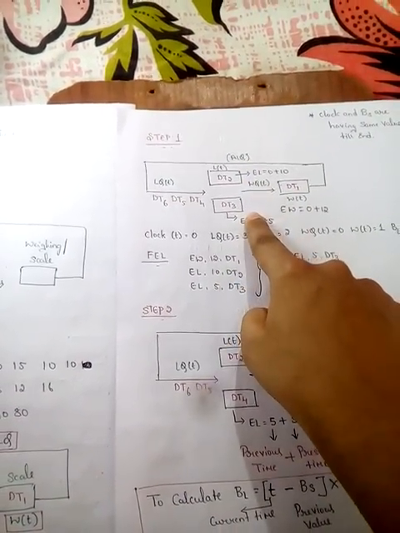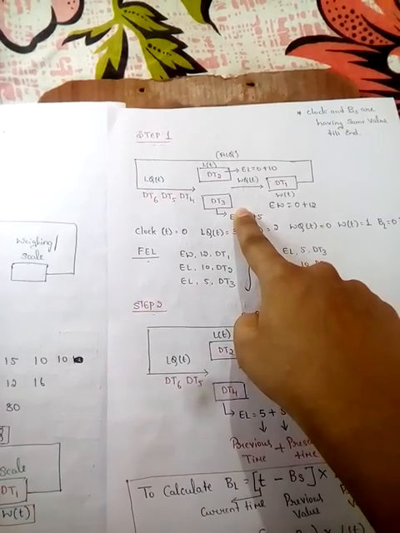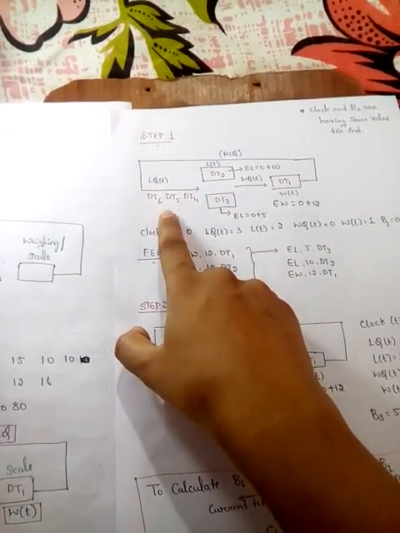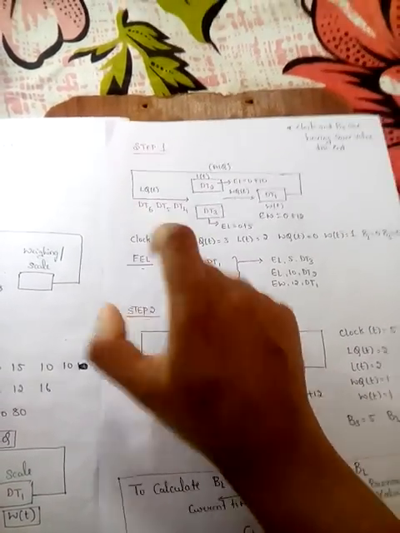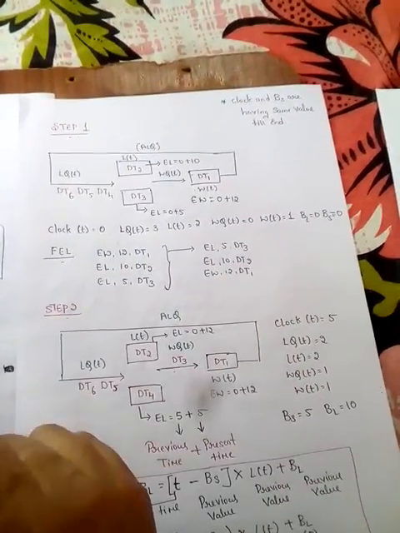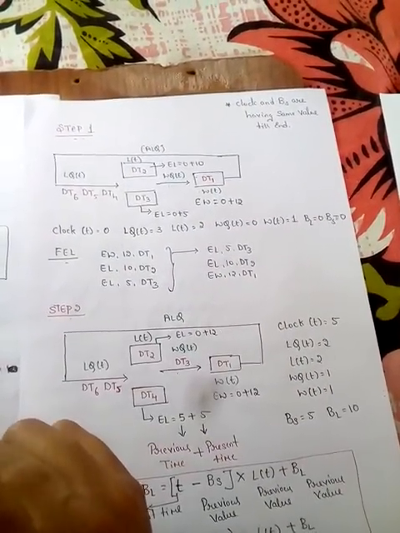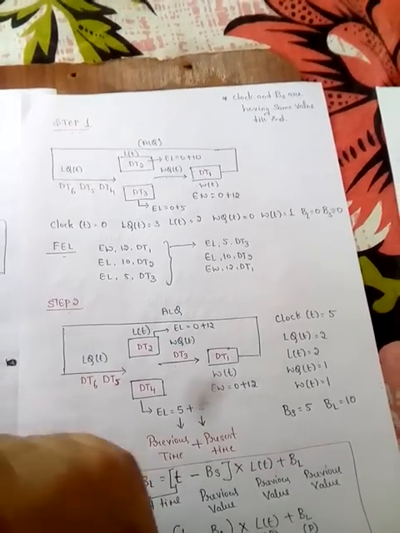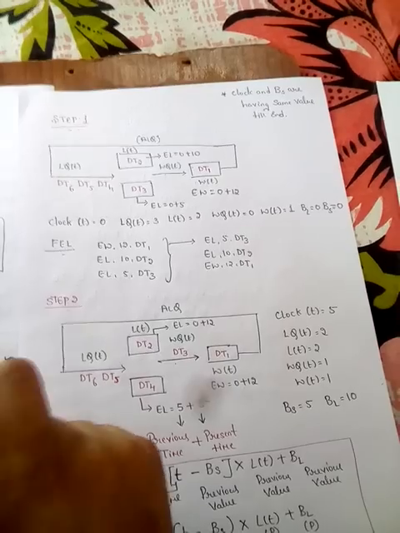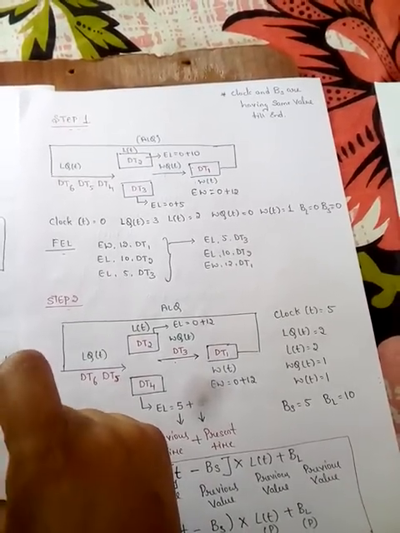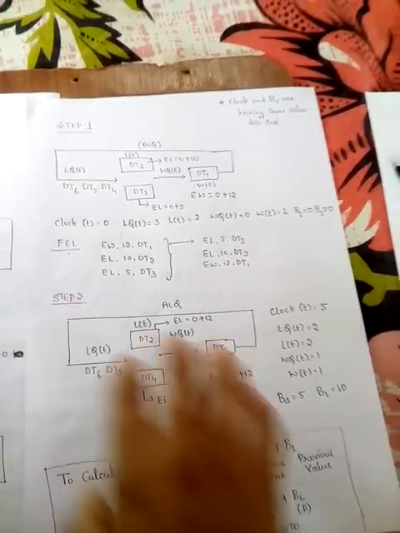In the next loading point 2, I am loading my DT3. Then the remaining trucks are DT4, DT5 and DT6. Now please make a note that the clock time and the busy service are having the same value till the end.